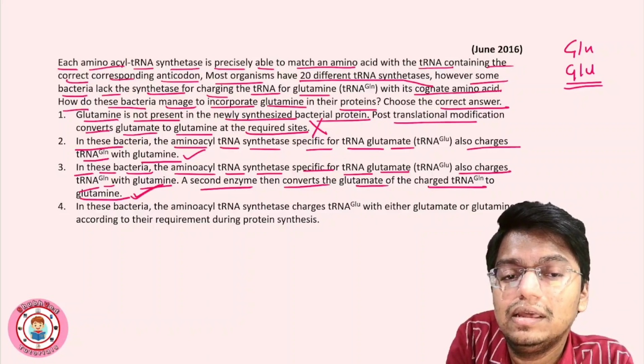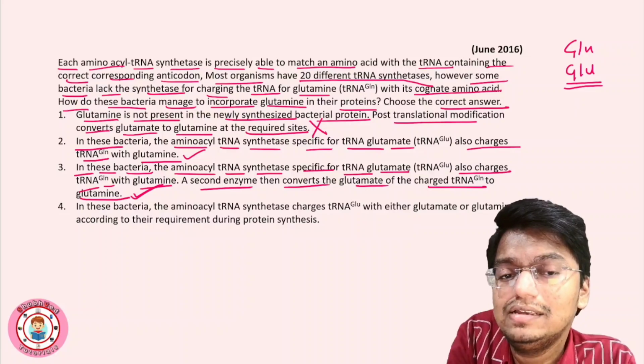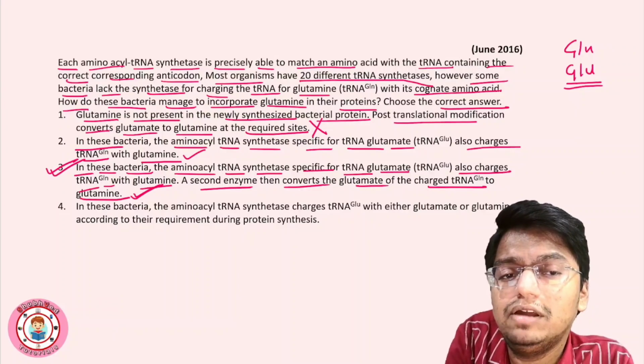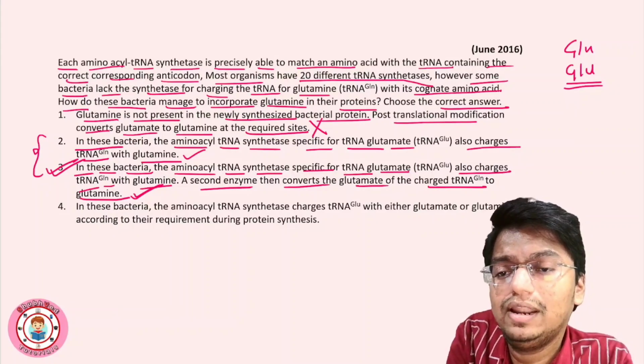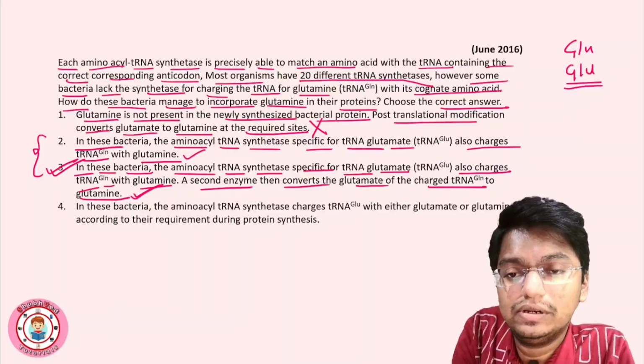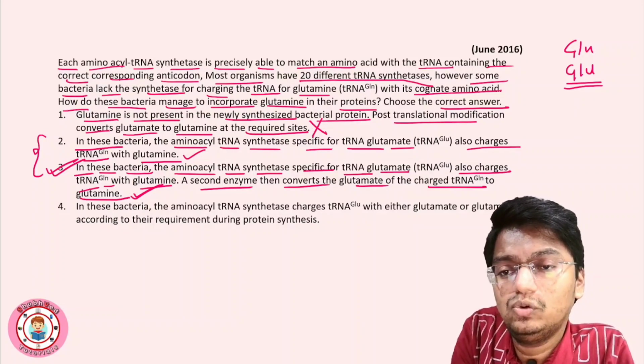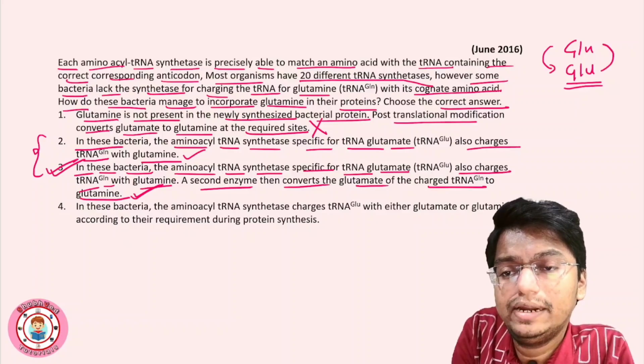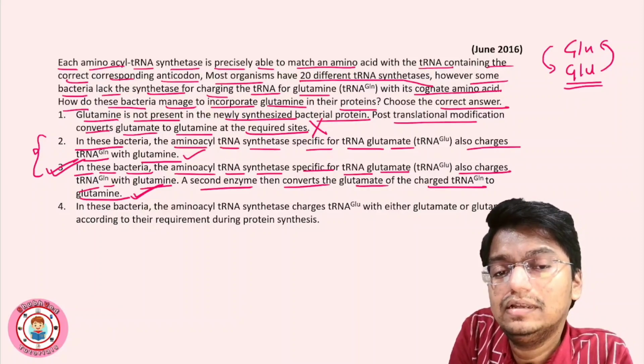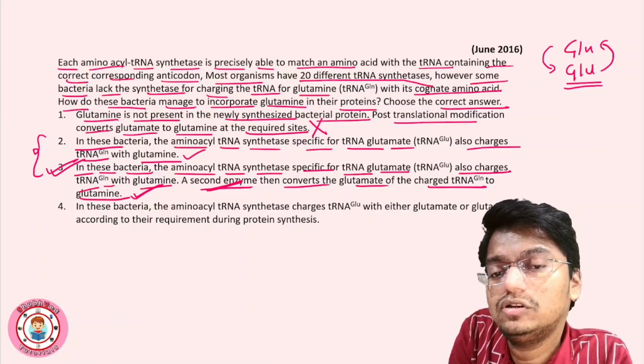Yes, ये मोस्ट एक्यूरेट है. फिर 2 and 3 में जो फर्स्ट सेंटेंस है ना सेम दिया है, बट जो नेक्स्ट सेंटेंस है वो थर्ड स्टेटमेंट में प्रेजेंट है. सो ये आंसर होगा. ओके, सो देयर विल बी कंफ्यूजन बिटवीन 2 and 3, राइट, बिकॉज बोथ आर करेक्ट, बट 3 इज मोस्ट एक्यूरेट बिकॉज ग्लूटामेट वाला tRNA सिंथेटेज ही ग्लूटामाइन को चार्ज करता है. राइट, जस्ट रिमेंबर दिस इज रिपीटेड क्वेश्चन. राइट, एंड ये इंपॉर्टेंट है बहुत. सो दिस आर सेम. जो ग्लूटामेट वाला tRNA है वो ग्लूटामाइन को चार्ज करेगा. ओके, बट व्हाट हैपेंस, दैट इज अ सेकेंड एंजाइम दैट कन्वर्ट्स, मतलब ग्लूटामेट का कन्वर्जन करेगा अनदर एंजाइम. राइट, so glutamate to glutamine gets conversion by an enzyme.